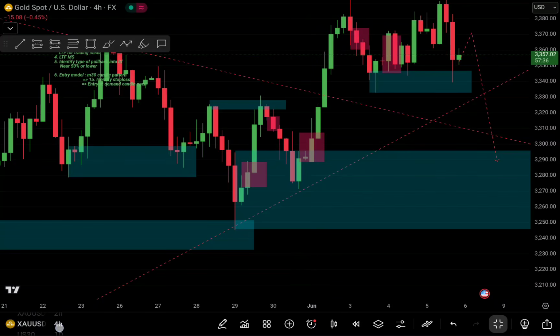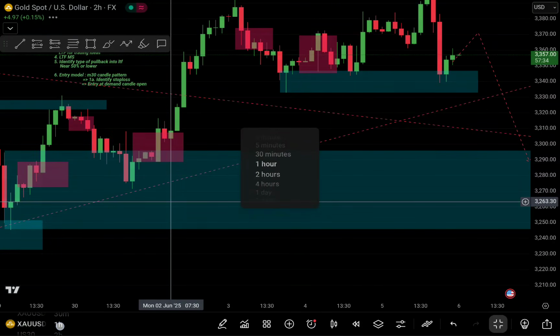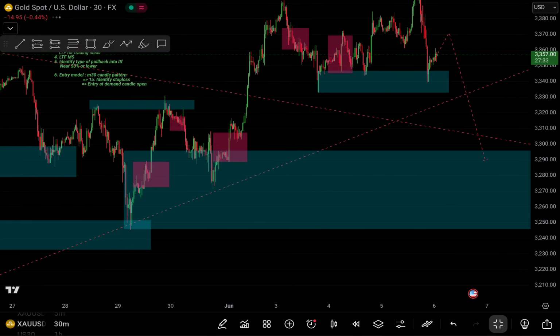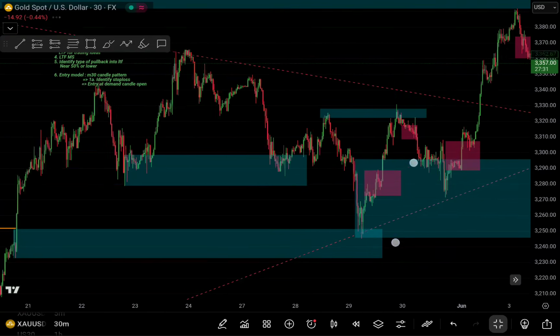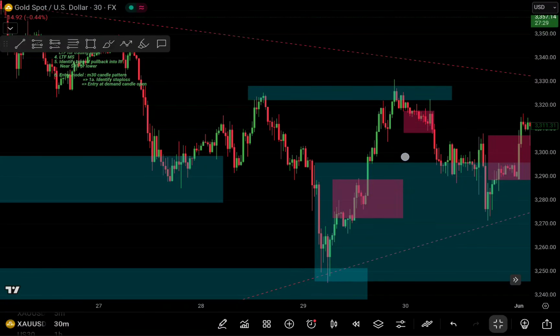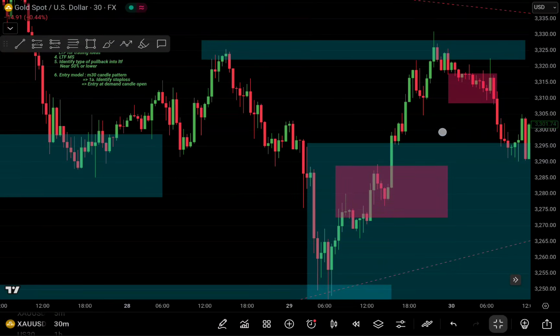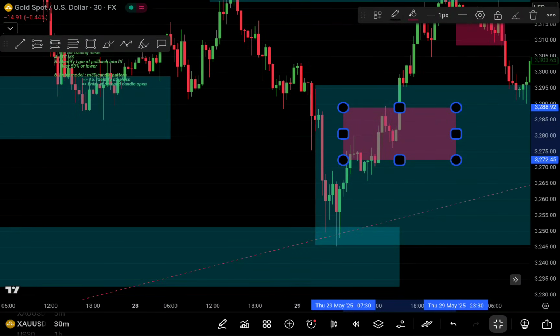So now let's go to the 30-minute time frame. This is our entry time frame, and this is what we will always look for. See, now this is our first example.